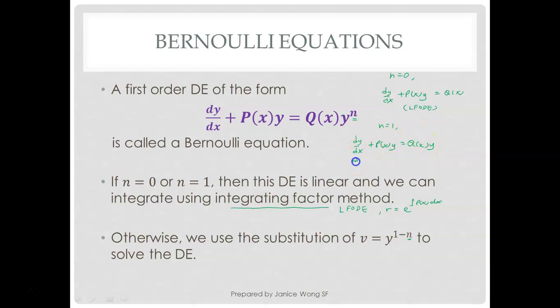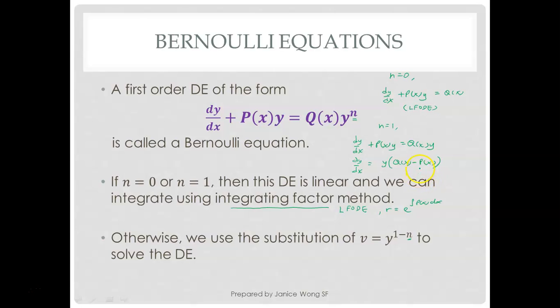We can group them together, bring p(x)y to the right-hand side, and factorize y. We have y times (q(x) minus p(x)). See, is it separable? It's a product of a y function and an x function. So this is a separable variable DE. We can group the y term with dy and the x term with dx to solve this differential equation.